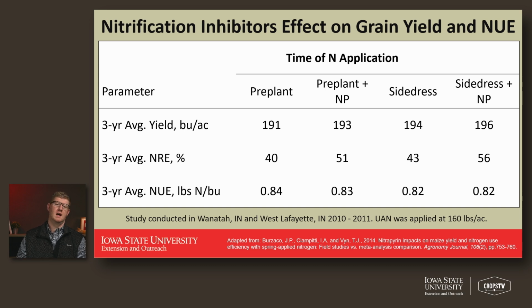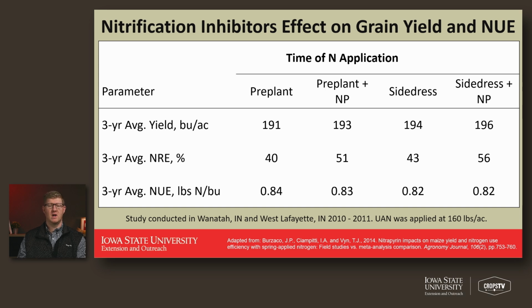And then I want to highlight the bottom row of this table first. That's going to be nitrogen use efficiency, in the most common way that a lot of people think about it. That's pounds of nitrogen per bushel. You'll notice no difference in pounds of nitrogen per bushel. But if you look at the center row on this table, what that represents is nitrogen recovery efficiency.